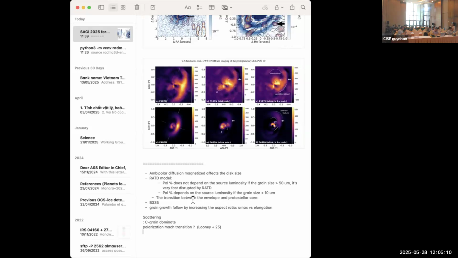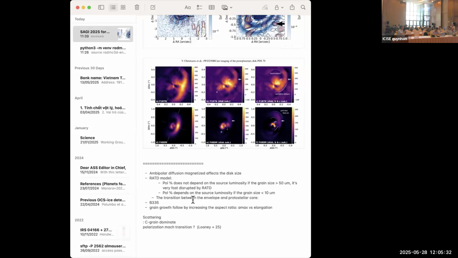Yeah, regarding the first question, I would like to add a little bit. First of all, there are two key signatures to distinguish the polarization mechanisms. The first is the polarization degree. For polarization by self-scattering, the polarization level would be less than a couple percent.